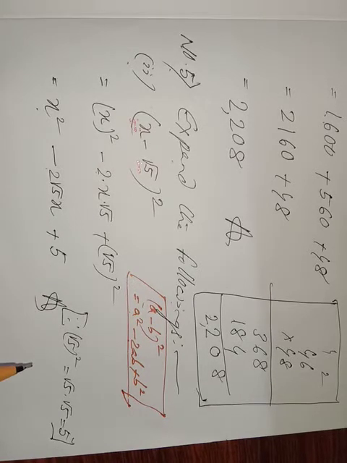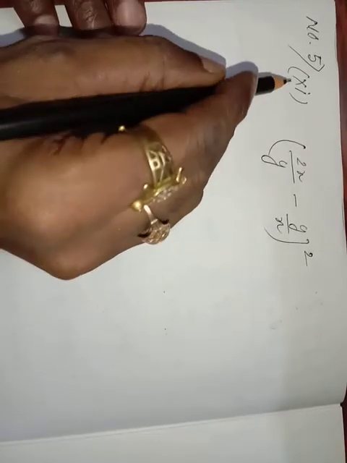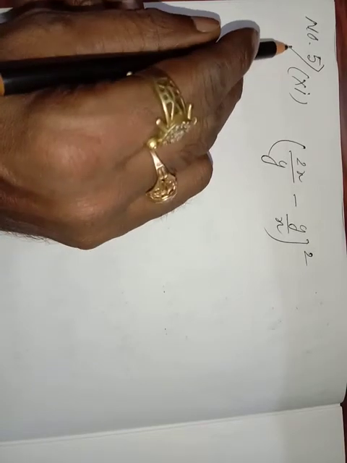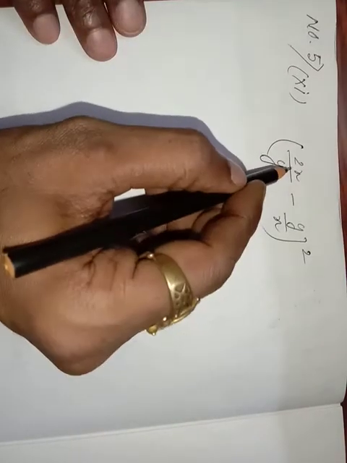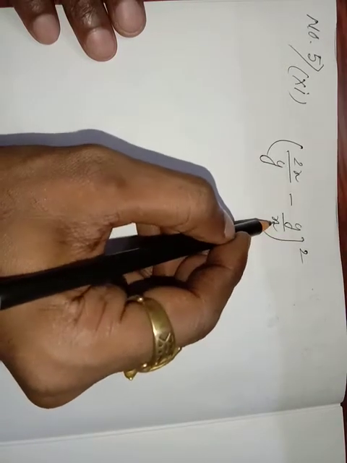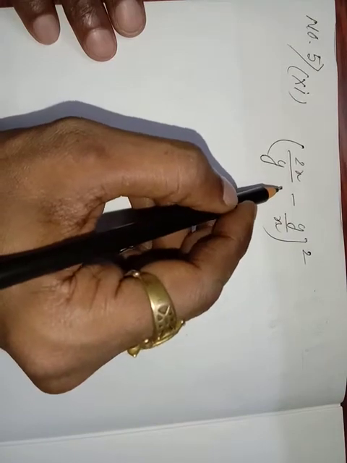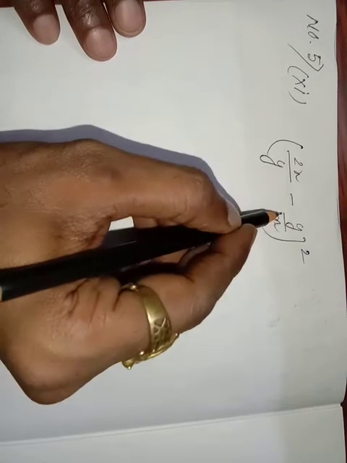Next I am going to the next part of number 5. See, I am going directly to the 11th part of question number 5. The question is like that: 2x by y minus y by x whole square. Means here you have to apply the formula a minus b whole square.